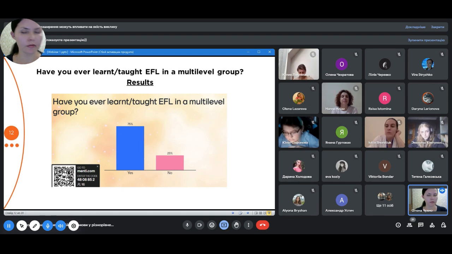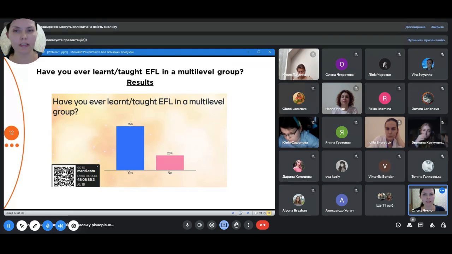Maybe not all of you have answered the question, but still we can see some picture. 75% of you have learned or taught English as a foreign language in a multi-level group of learners, where you may have A2 and B1 in one and the same class, or B1 and B2 in one and the same class.